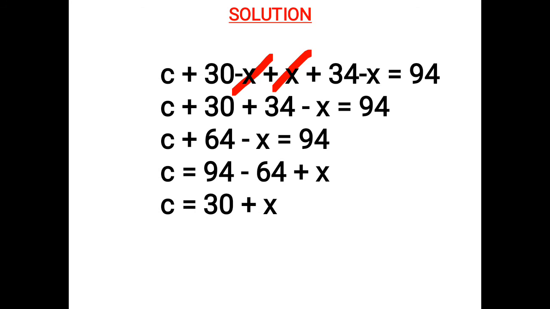So we group like terms, getting c is equal to 94 minus 64 plus x. And 94 minus 64 is 30. So 30 plus x, that is our c. Wherever we see c, we put 30 plus x.